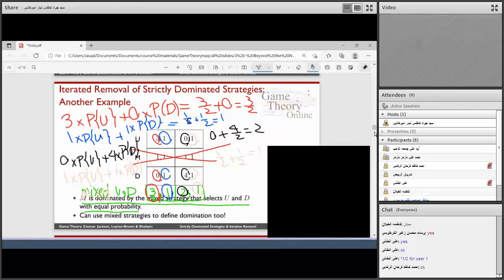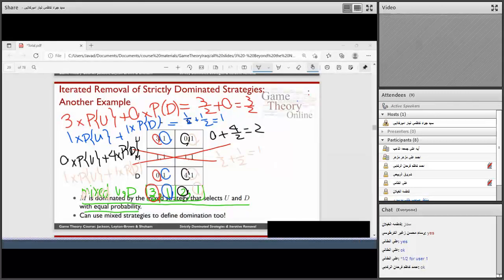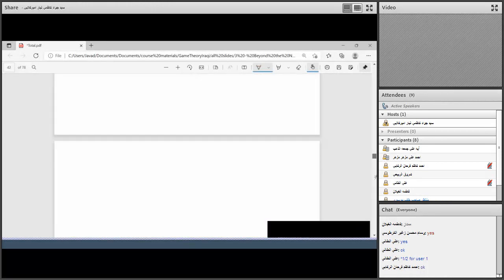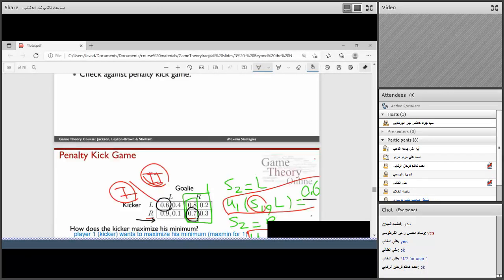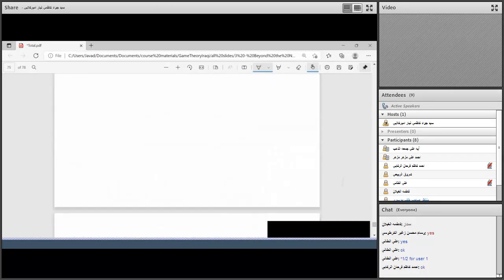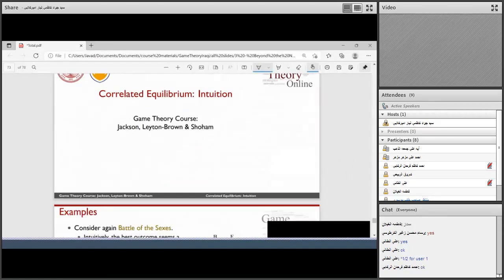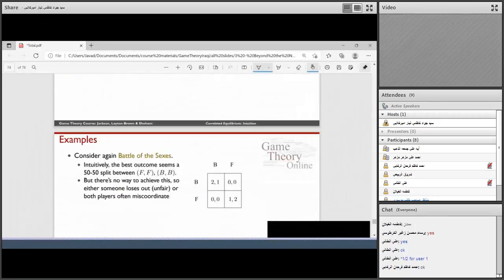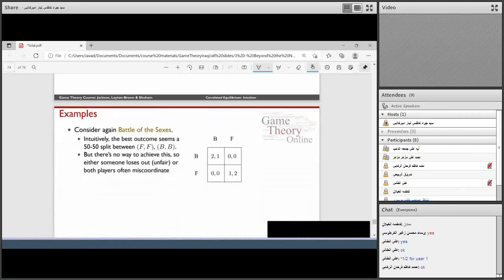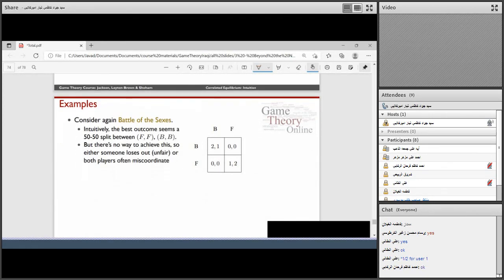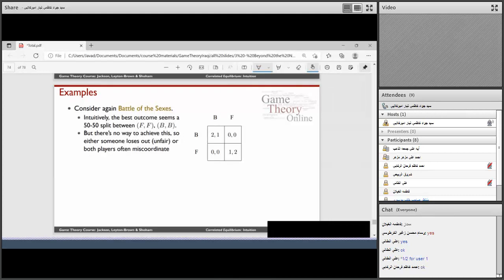I guess we don't have any other questions, and we just review what he was saying in this slide, which was just intuition. Nothing really correlated equilibrium. Intuitively, the best outcome seems a 50-50 split between F and B, but there's no way to achieve this.